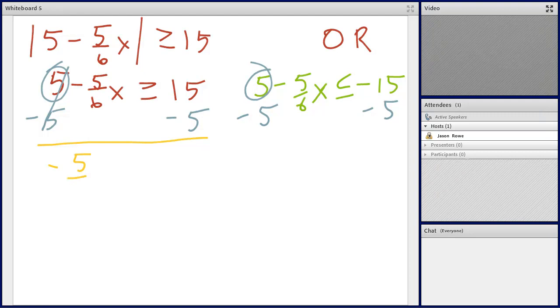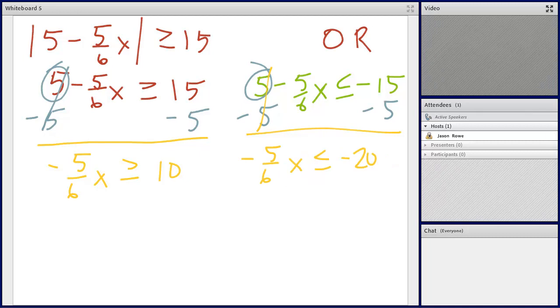On this one, I've got negative 5/6 x greater than or equal to 10. Over here, cancel. And that's going to be negative 20. Try to move this over just a little bit so we have some space there.